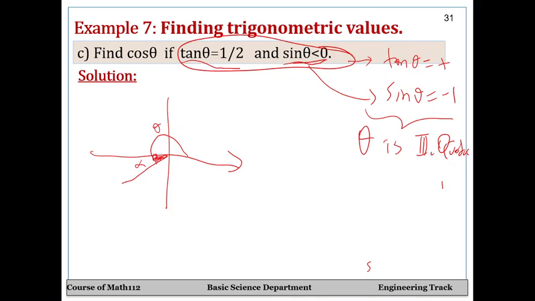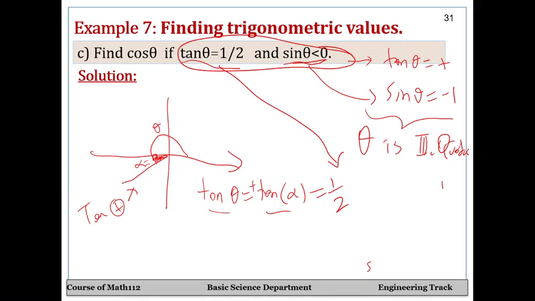Alpha is this one here, the small one, alpha. Now tangent theta is equal to tangent alpha here, right? Because it's positive here, so they're the same. So in all STC, tangent is positive here. So tangent theta is equal to tangent alpha. Tangent alpha is then what? 1 over 2.